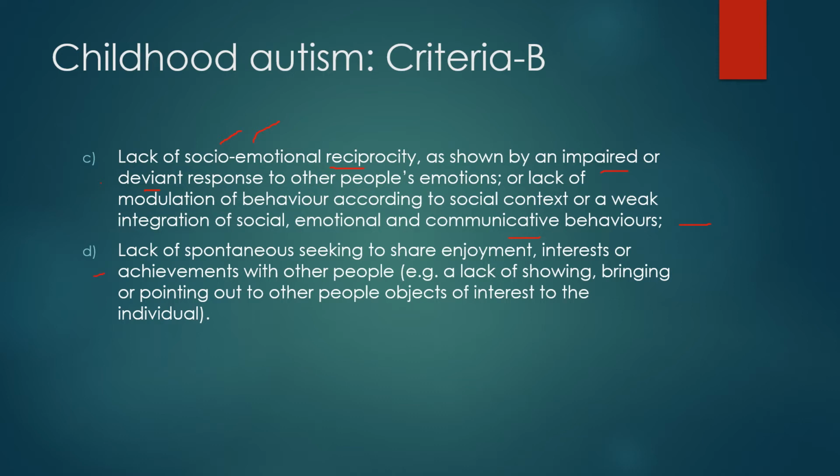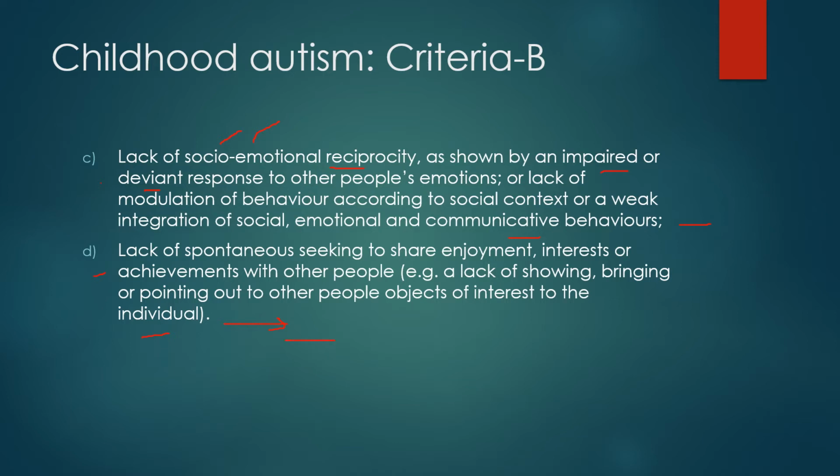Symptom D, lack of spontaneous seeking to share enjoyment, interest, or achievements with other people. Example, a lack of showing, bringing, or pointing out to other people objects of interest to the individual. So if this person is interested in some kind of hobby, either stamp collecting or other, they have difficulty going and showing other people, discussing their hobby or their relationship.